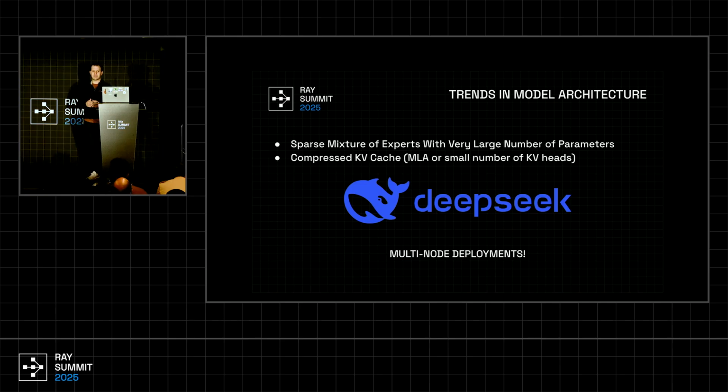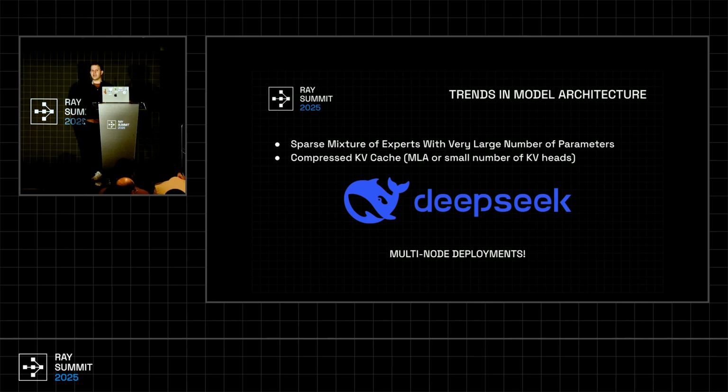And we've seen models coming out with these compressed KV caches that require us to replicate data as we increase the number of GPUs. So for models like DeepSeek R1 and Kimi K2, we really want to deploy these in a multi-node environment and enable ourselves to have as much KV cache space as possible.